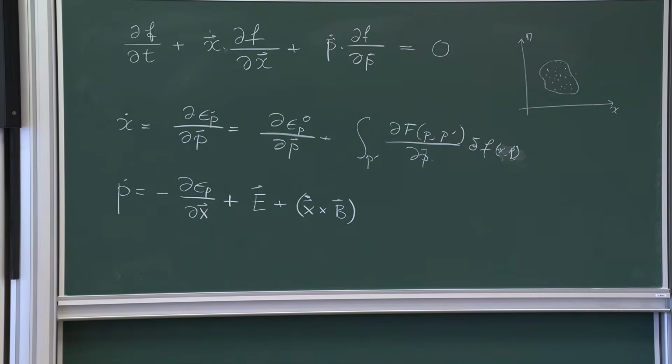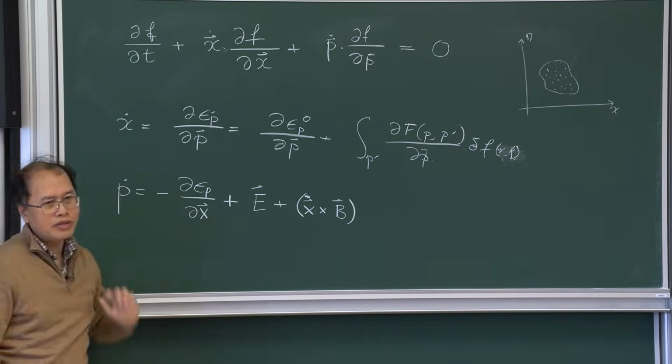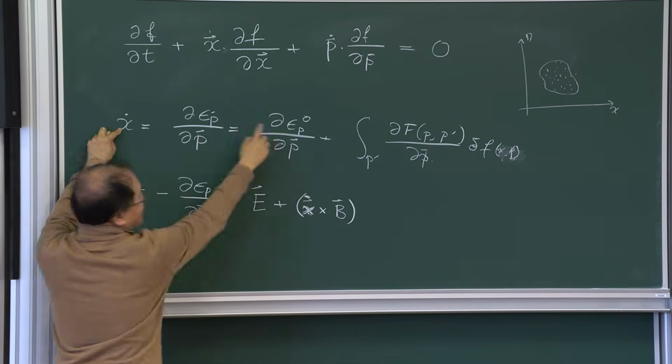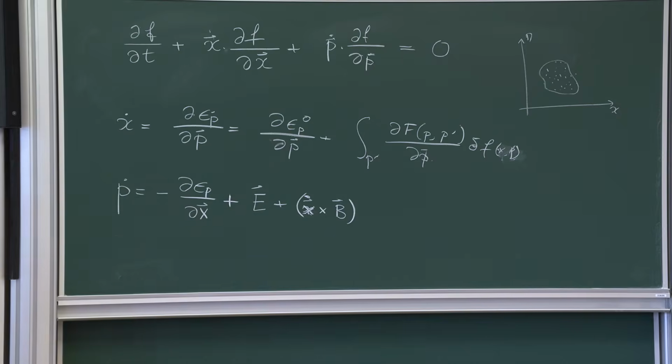Like in the case of electrons, this would be our usual electromagnetic field. The evolution of the system will follow this equation, where x dot has to be read out from the first equation. So that's the content of Landau's theory.